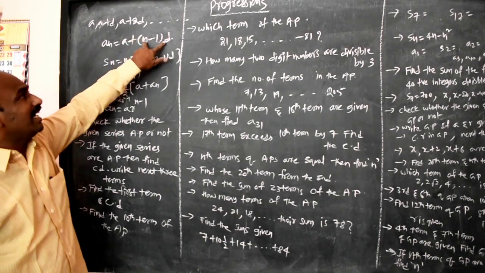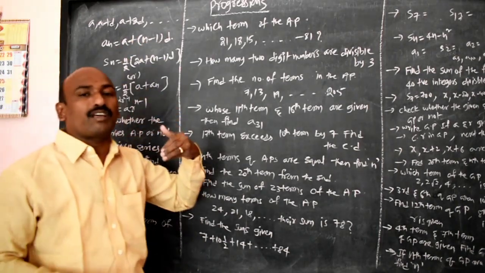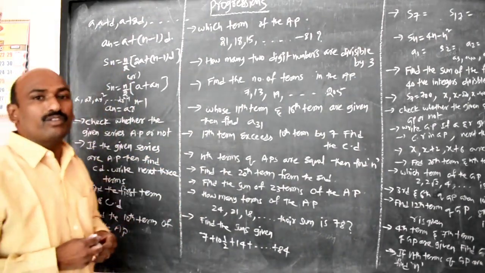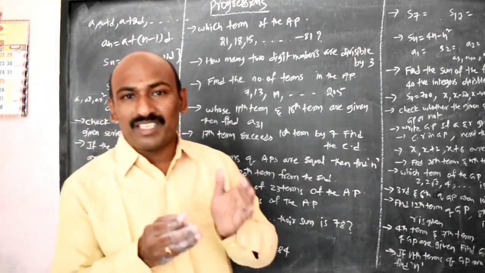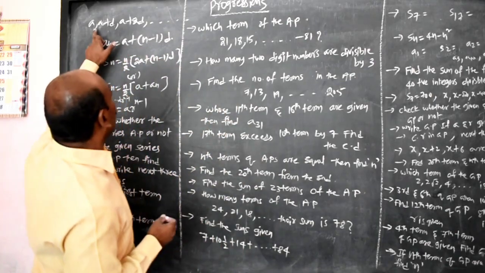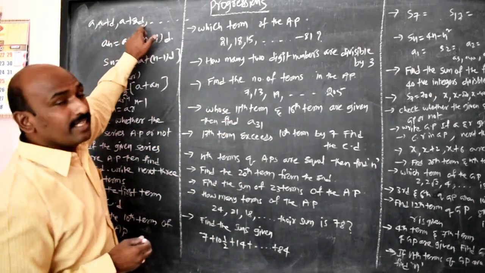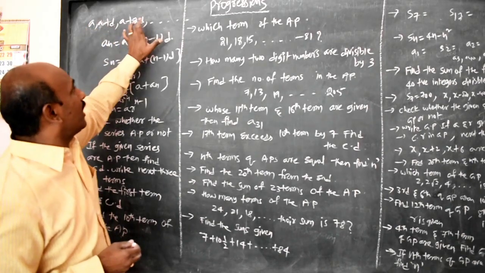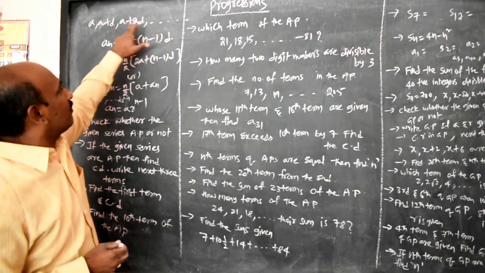If you know A and D, we can find the 10th term or the sum of 10 terms, whatever concept. In an AP series the minimum information needed is A and D. The general form is A, A plus D, A plus 2D, so each term increases by D. That's why this is the AP series, and this is the nth term formula.